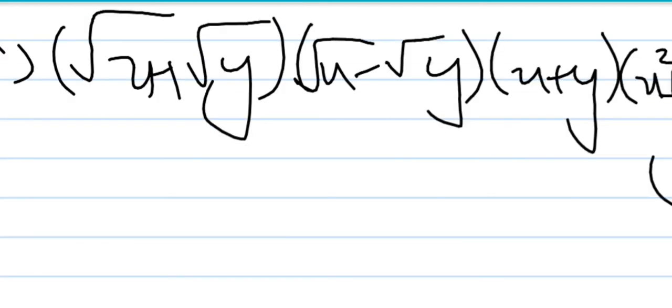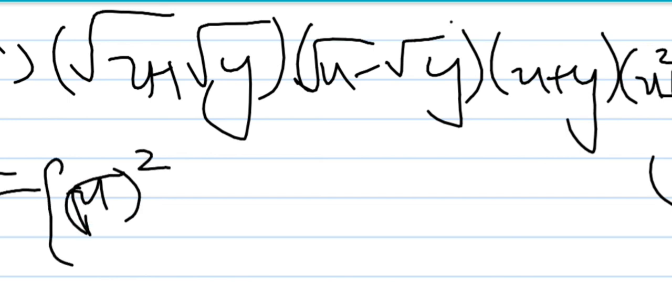The next question is under root x plus under root y into under root x minus under root y, into x plus y into x square plus y. So using the formula a plus b into a minus b is equal to a square minus b square. So under root x whole square.